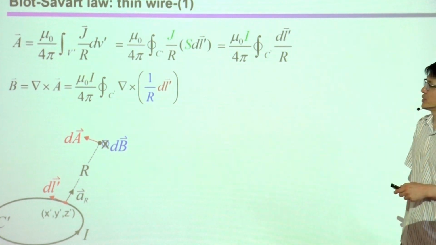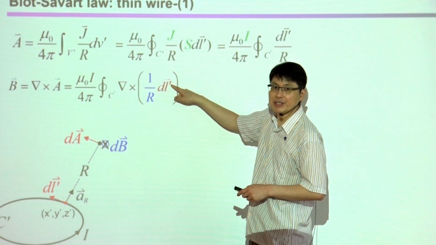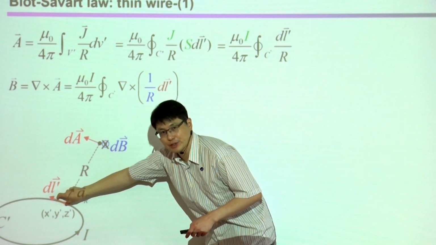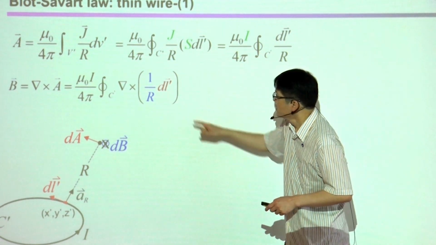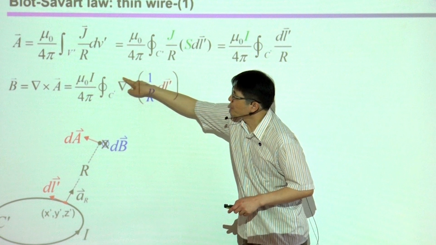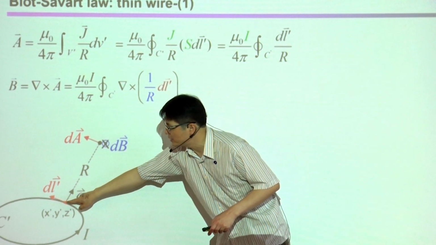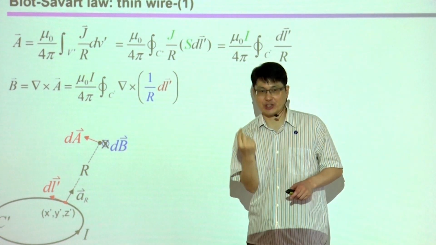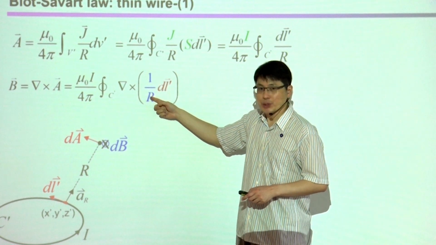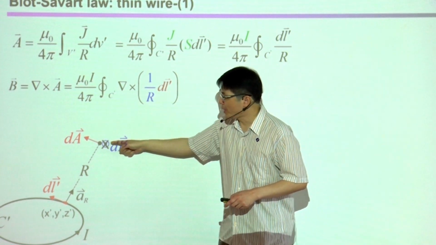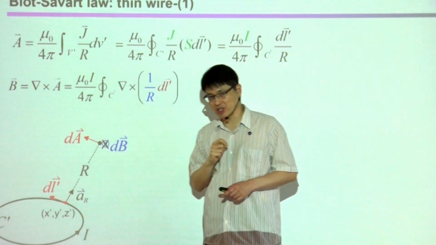Why do I care so much? Because this dl prime means the differential length, differential segment on the loop. Right? So this curl operation now operates on 1 over r. 1 over r is the distance vector, right? Which is sensitive to both the unprimed location and the primed location.